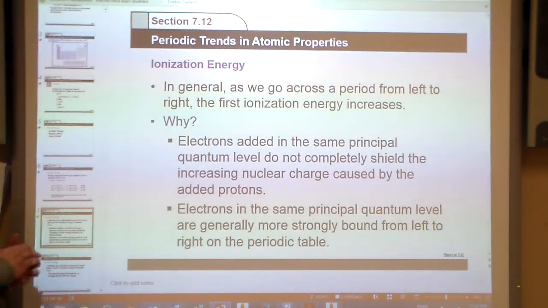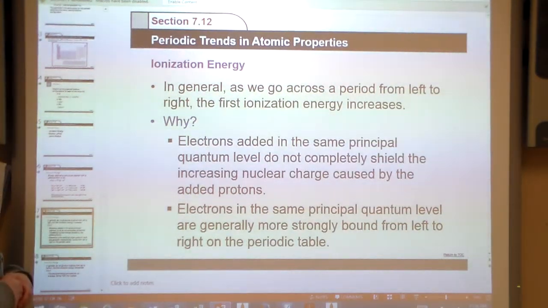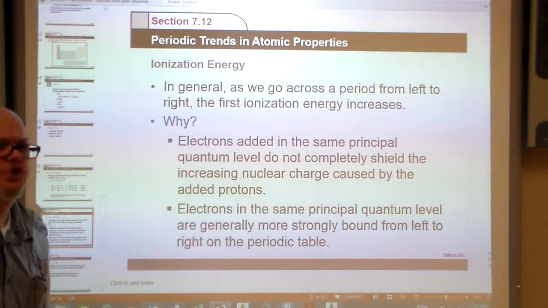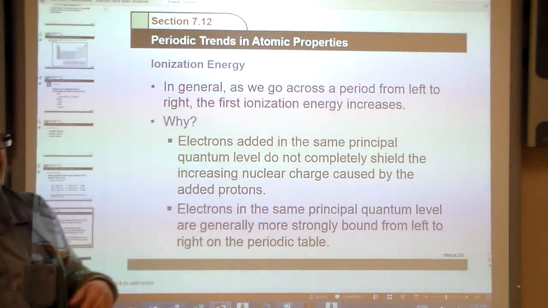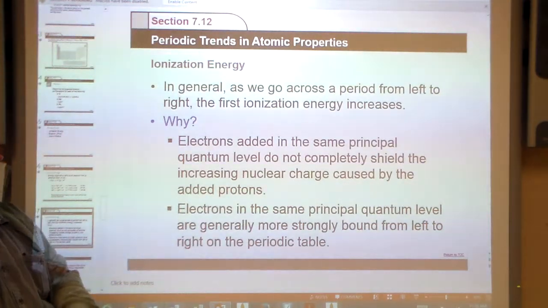Okay. So what about the trends? If we're going from left to right, the first ionization energy increases. Well, how come? Keep in mind, the atom is getting larger as you're going across from left to right. You're getting more protons added, but you're also getting extra electrons added.